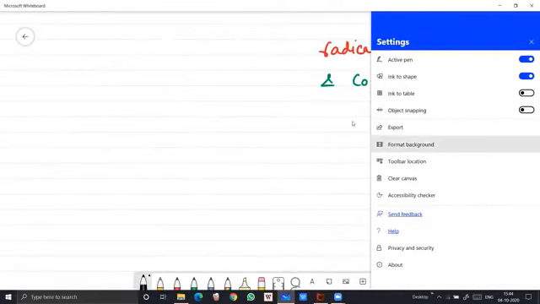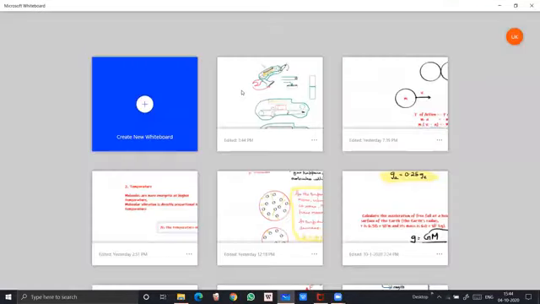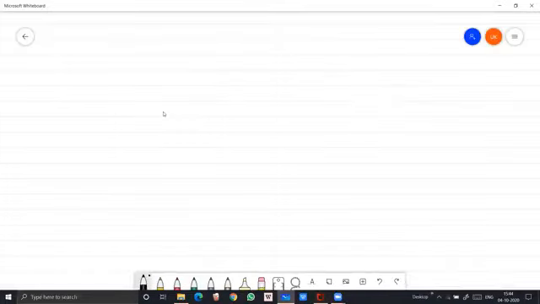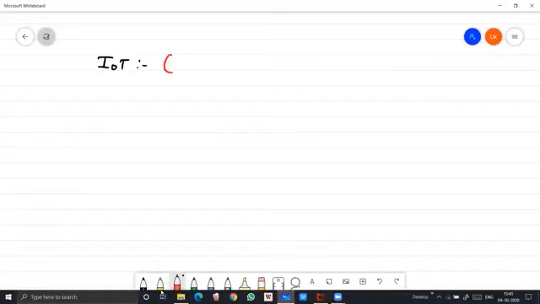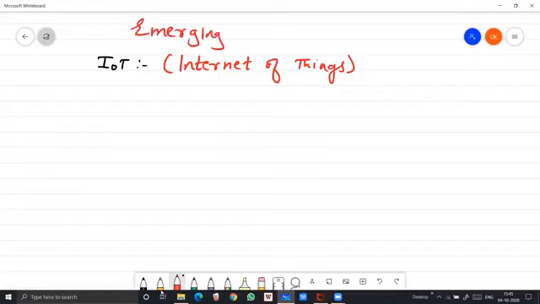Yes, in the very beginning we studied the first topic, IoT, that is Internet of Things. Now this was the first topic which we studied.